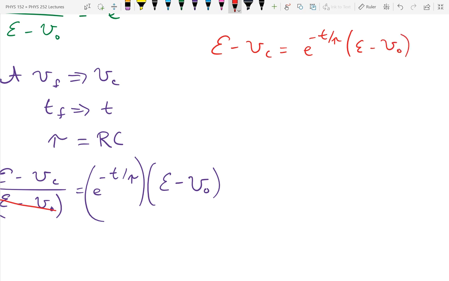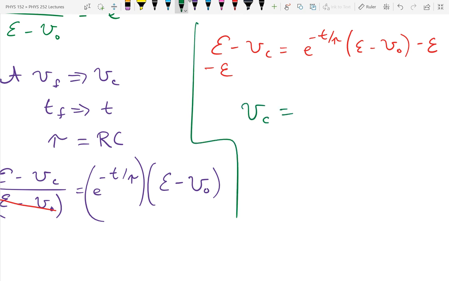So now I'm almost done. Almost done. I need to solve for VC. So I'm going to subtract my EMF from both sides. And then I have to multiply by -1 again. And I have, so I subtracted E, so it becomes a positive.